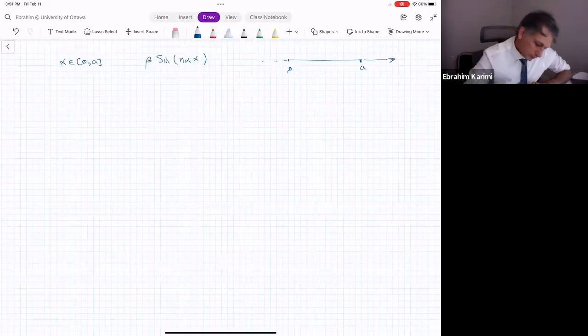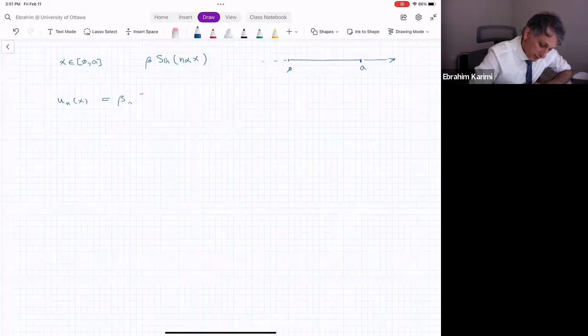Okay, so let's do that. Let's go with the general situation and see whether we can find that u_n of x is beta_n of sine of alpha_n x.